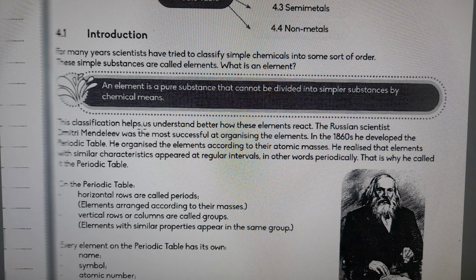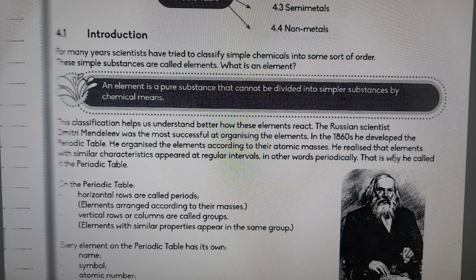That is the definition of the element. This classification helps us to understand better how these elements react. The Russian scientist Dmitri Mendeleev was the most successful at organizing the elements. In the 1860s, he developed the periodic table. He organized the elements according to their atomic masses.